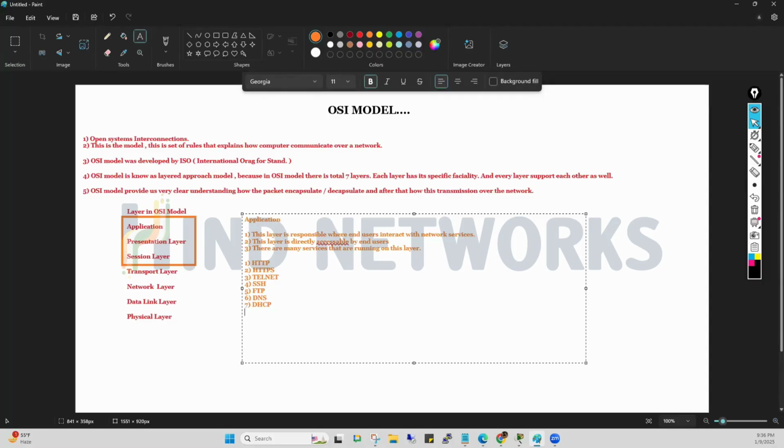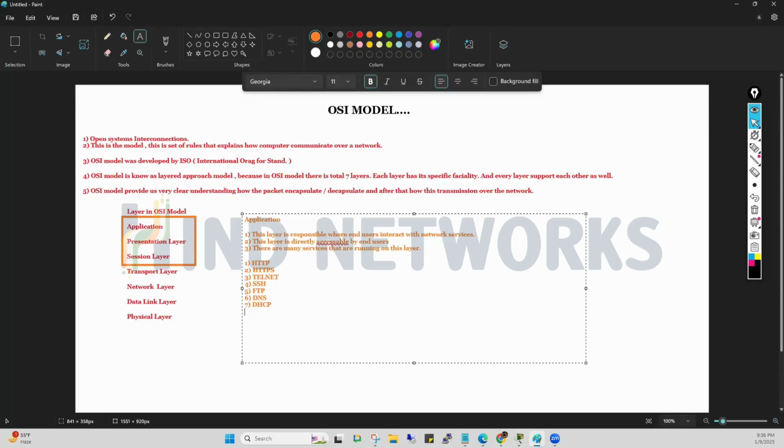Clear? Understand? Now, what is the use of HTTP and HTTPS? By the help of HTTP and HTTPS, we are opening and accessing our browsers. HTTP is not secure. HTTPS is secure because of SSL. Now, Telnet and SSH.